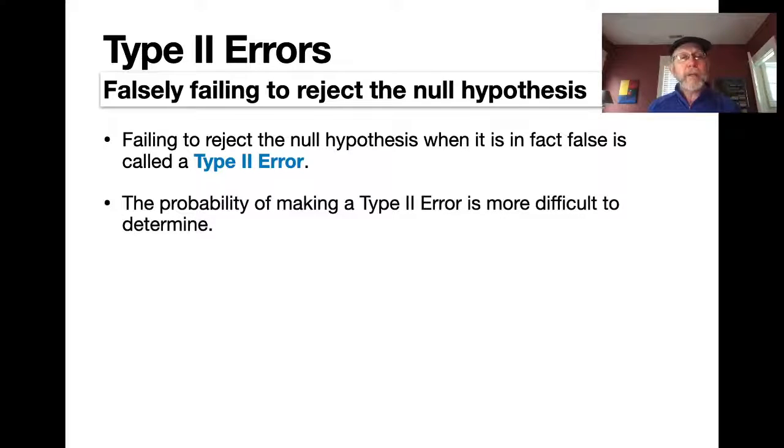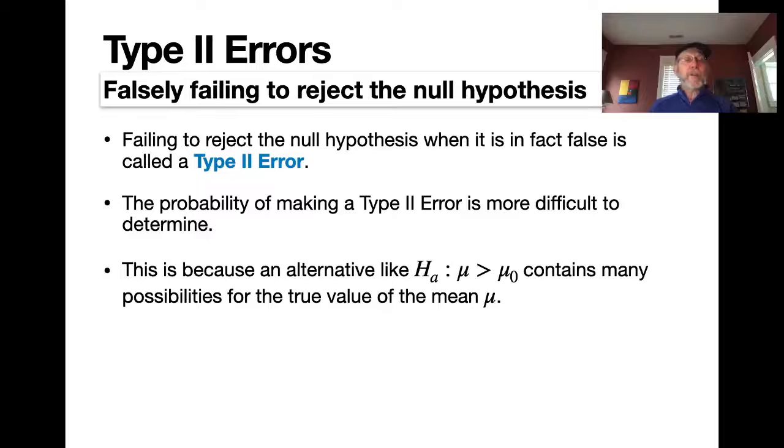The probability of making a type 2 error is more difficult to determine than the probability of making a type 1 error. And that's for a simple reason. If the null hypothesis is false, that means that the alternative is true, or some case in the alternative, right? For instance, for a right-tailed alternative that mu is bigger than the null value, there are many possibilities for the true value of mu.